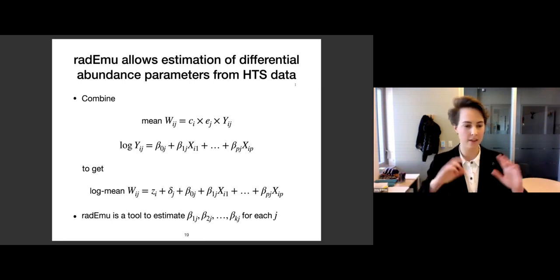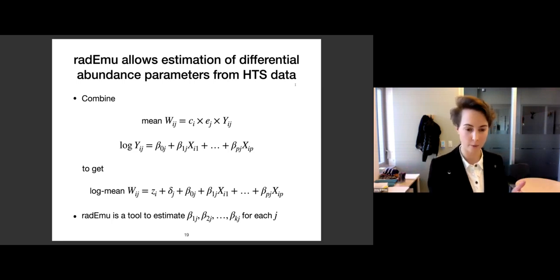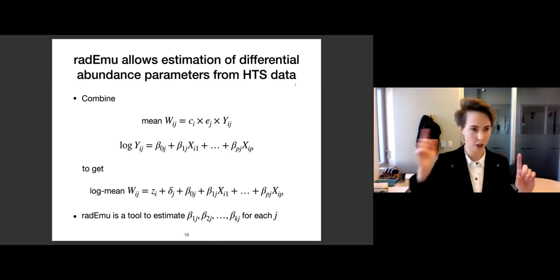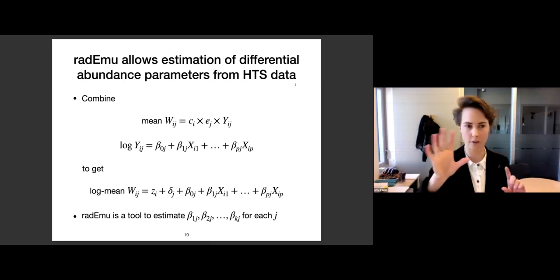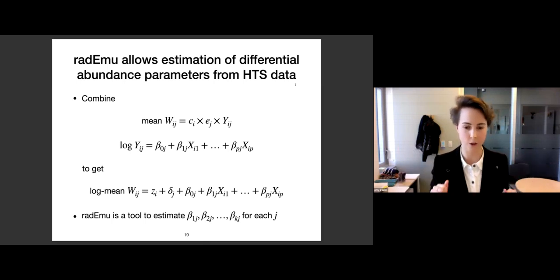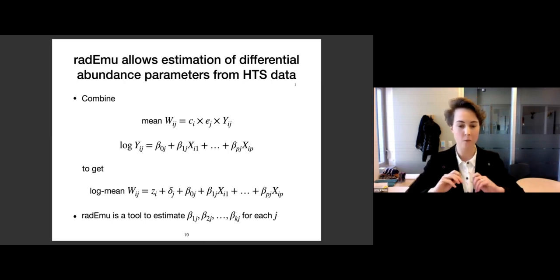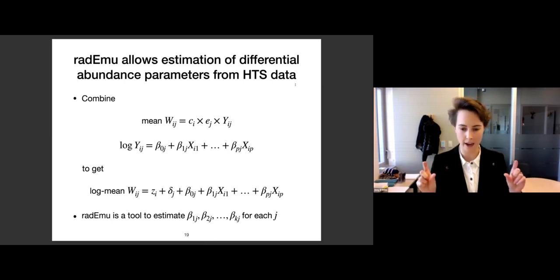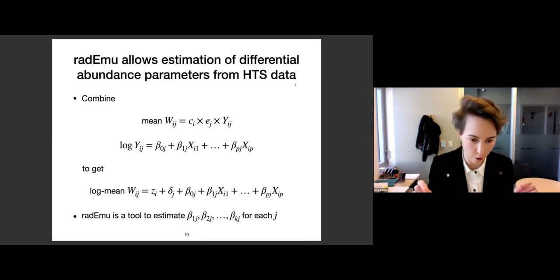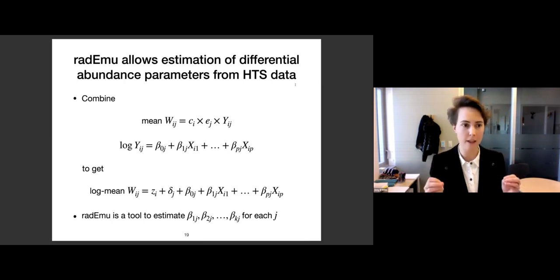So we can combine those together to give us a model for the log mean of our W_ij as some function that combines parameters from both of these models, and I haven't gone through all of the details here, I fully acknowledge that. And then what RADEMU does is it says, okay, which of these parameters of this log mean W model can we learn about?